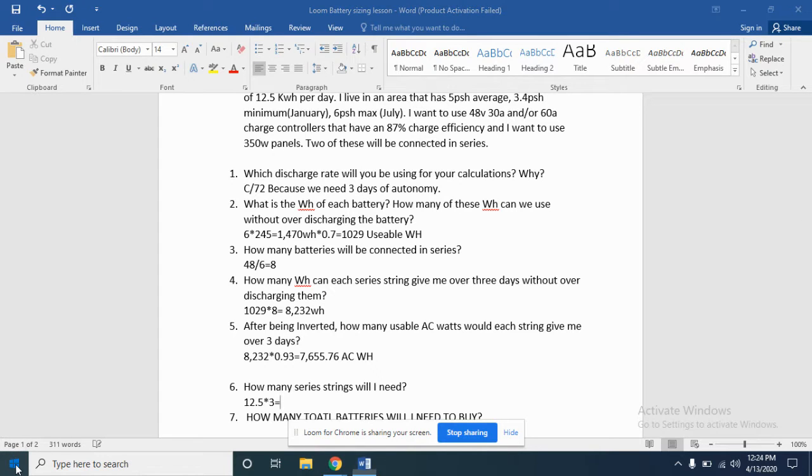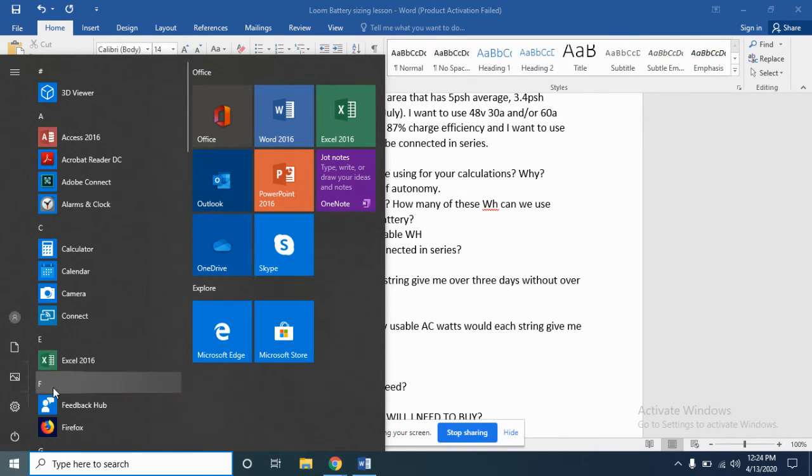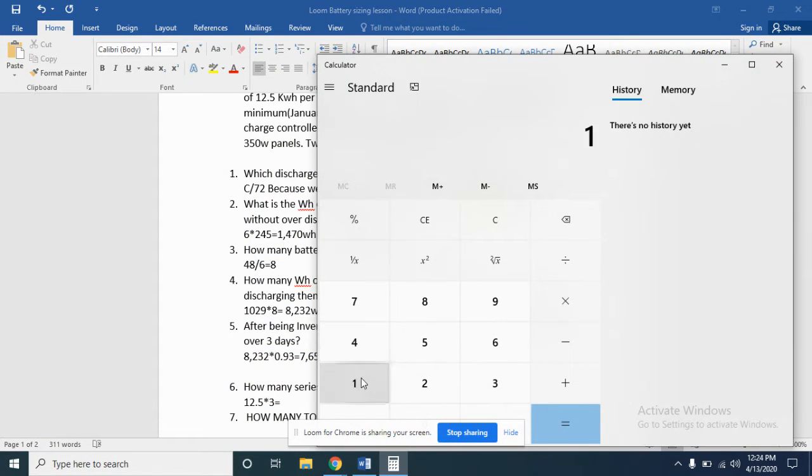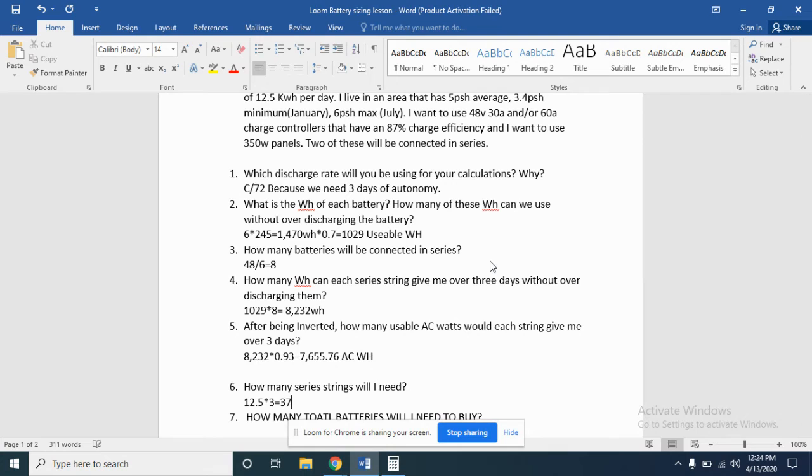So let me actually pull a calculator up here real quick and do that math. So I've got 12.5 times 3 days, so 37.5 kilowatt hours is how much total power that I'm going to need for this.